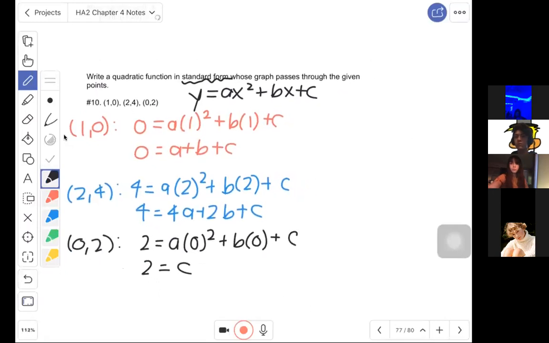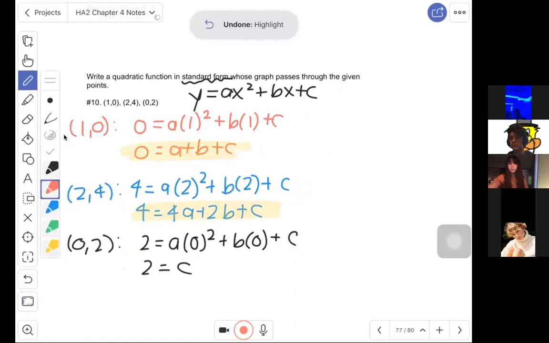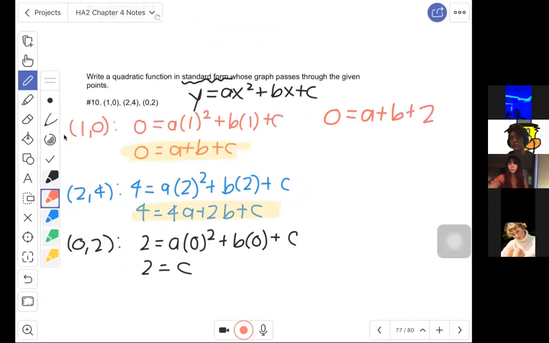So now we are going to take those other 2 equations that we made from the points and plug 2 in for c there. So now we have 0 equaling a plus b plus 2. And I want to keep my constants on one end of the equation.